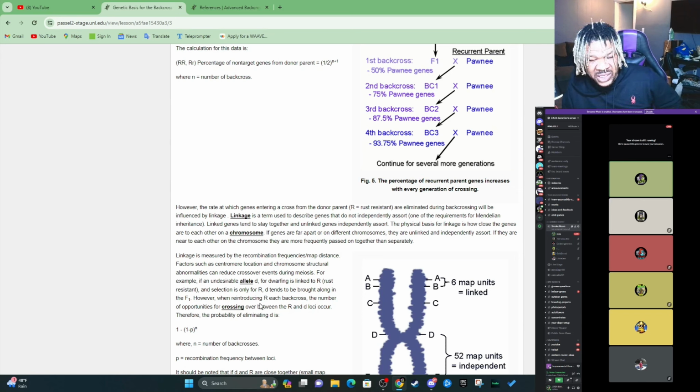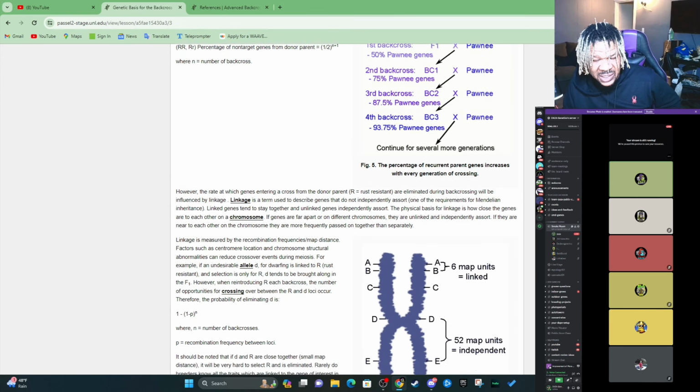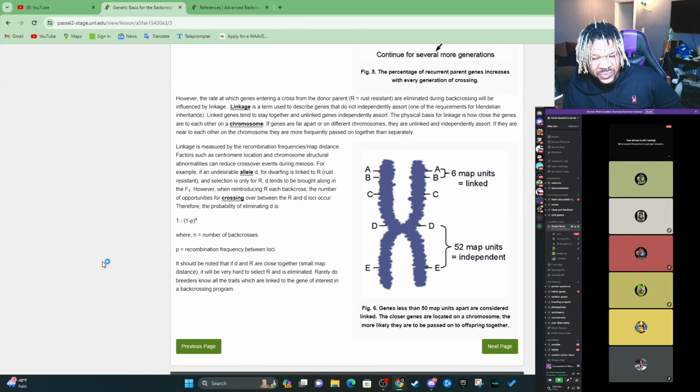However, when reintroducing R each backcross, the number of opportunities for crossing over between the R and the little d loci occur. Therefore, the probability of eliminating D is 1 minus (1 minus p) to the n, where n equals the number of backcrosses and p equals the recombination frequency between loci. It should be noted that if D and R are close together, small map distance, it will be very hard to select for R and have D eliminated.